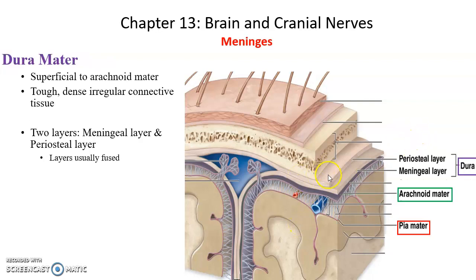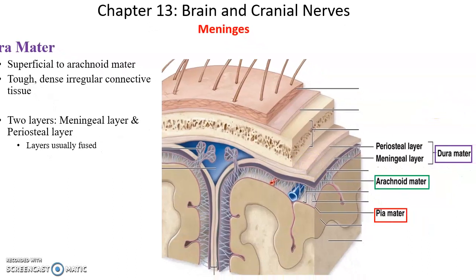Then we have the dura mater. The dura mater is the most superficial of the three meninges. The dura mater is a thick, dense layer of irregular connective tissue. Most of the time, it is a single thick layer, but in certain areas around the brain, it splits into two layers. So they say that there are two layers to the dura mater.